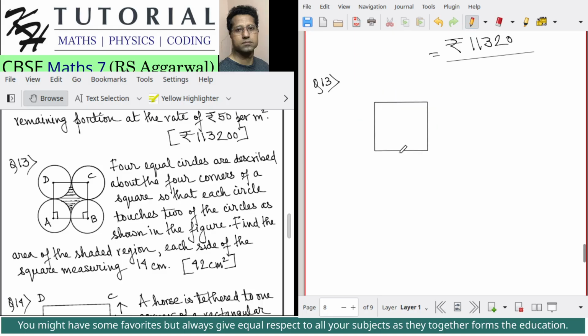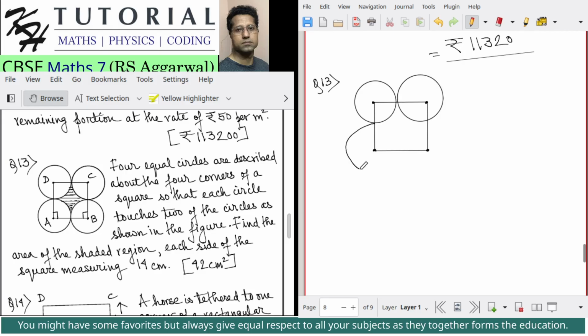So at the 4 corners, 4 circles are drawn so that one circle is touching 2 others like this. So this is a circle, and it will touch the circle drawn at this corner like this.